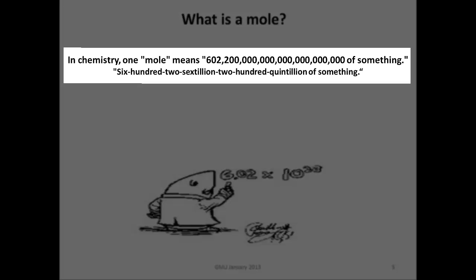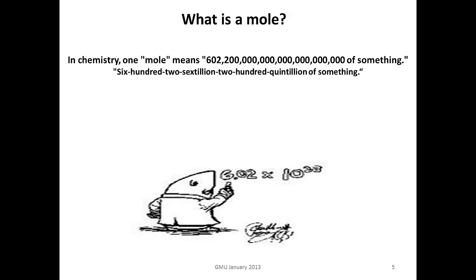In chemistry, 1 mole means 602 sextillion 200 quintillion of something. Of course, it's easier just to write it as 6.02 times 10 to the 23rd.